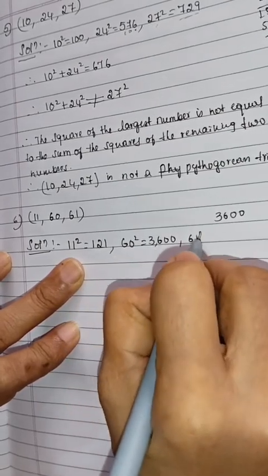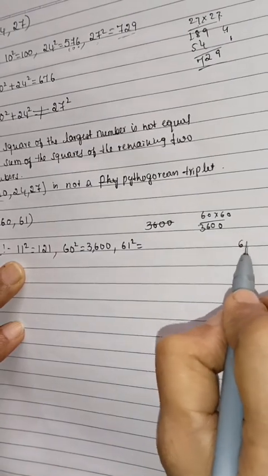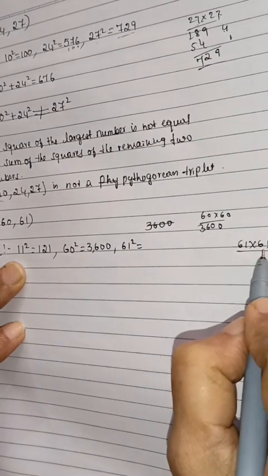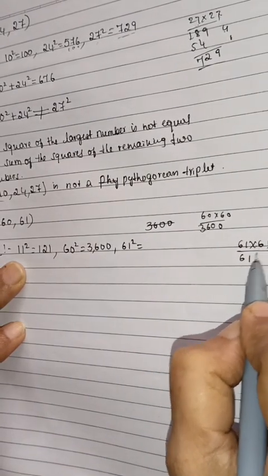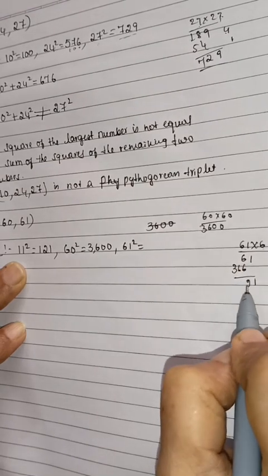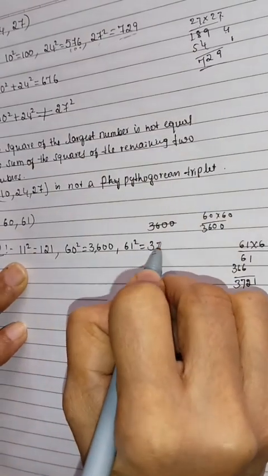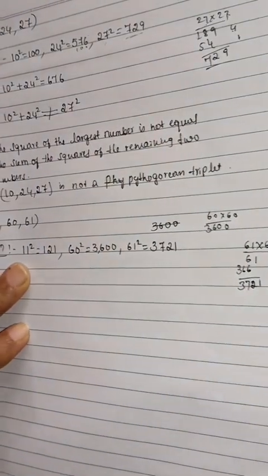And 61 square is 61 multiplied by 61, which gives 3721.